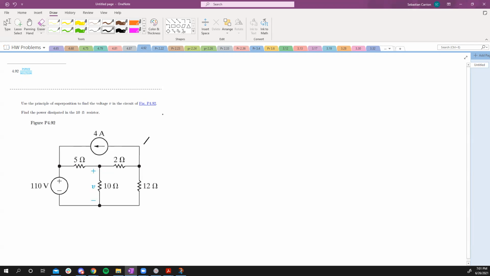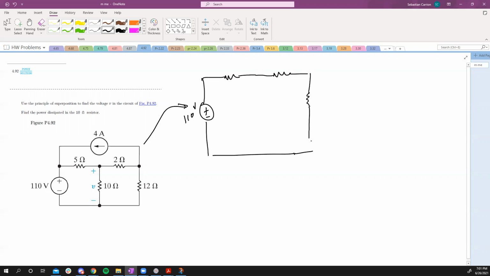So let's go ahead and I'm gonna take out the current source. So I'm gonna redraw the circuit. Okay, so 5 ohms, 10 ohms, 2 ohms, 12 ohms.